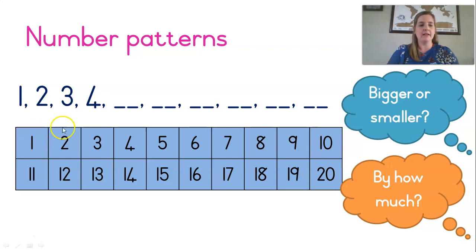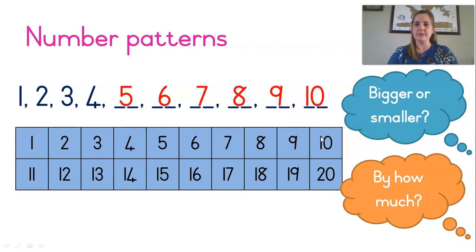We've got 1, 2, 3, 4. It's getting bigger by only 1 block. So now we have our answer. Let's make 4 get bigger by 1 block is 5. Then 6, 7, 8, 9, 10.